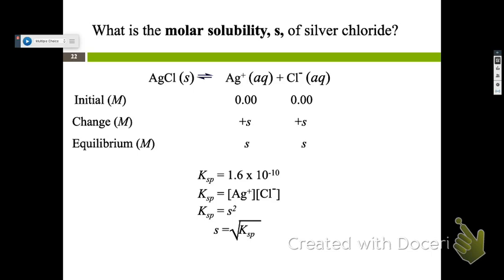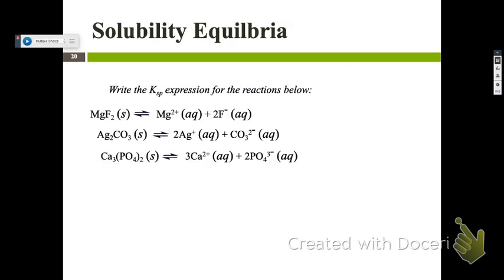So if we look at what if we had the first guy here? What's going to be different about that guy for an ice table than the one we just did?